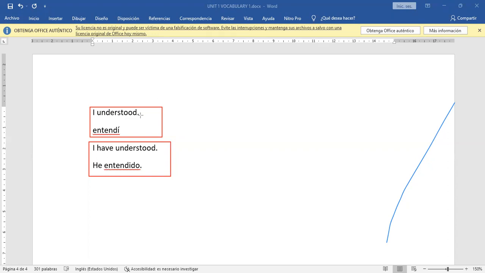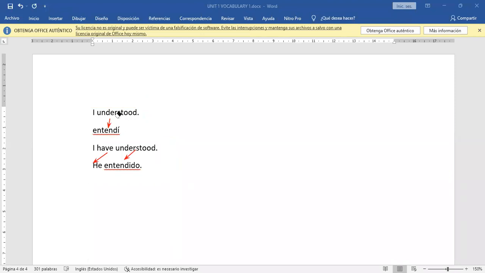The difference between present perfect and simple past. Any questions? Practice is missing, right?